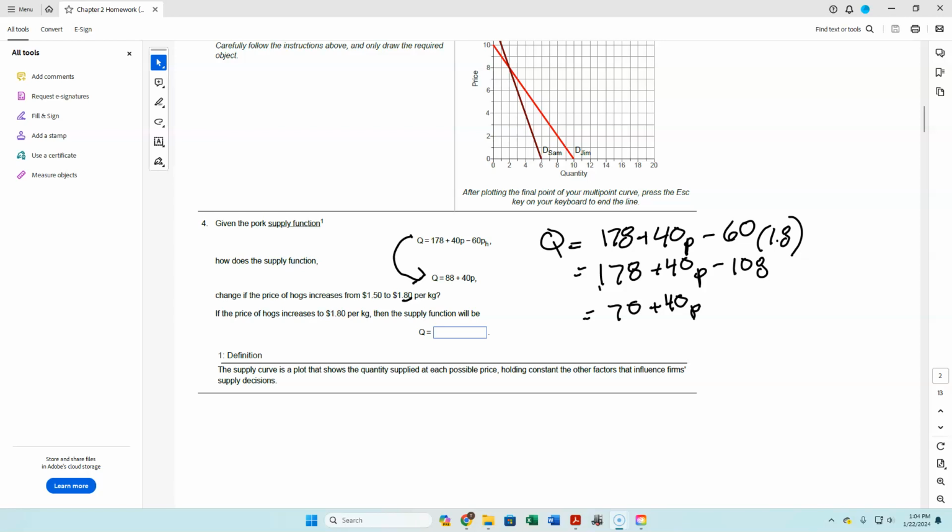when the price is 180 as opposed to when it originally was 150, which would be my 178 plus 40p minus 90.